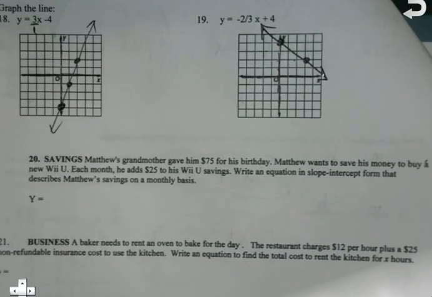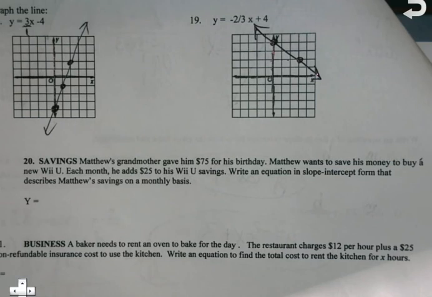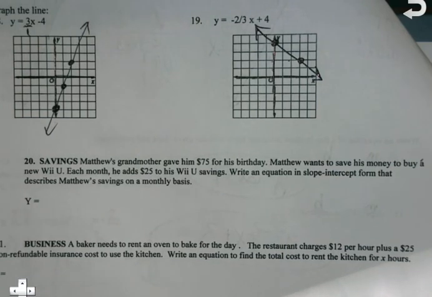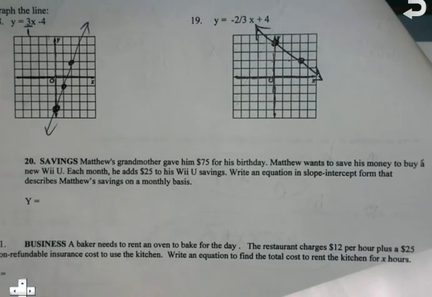So on the equation for the next part here, Matthew's grandmother gave him $75 for his birthday. Matthew wants to save his money to buy a new Wii. Each month he adds $25 to his savings. Write an equation, slope-intercept one, that describes Matthew's savings on a monthly basis. Okay, here's how this works.